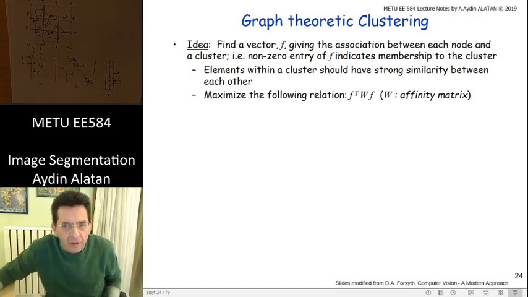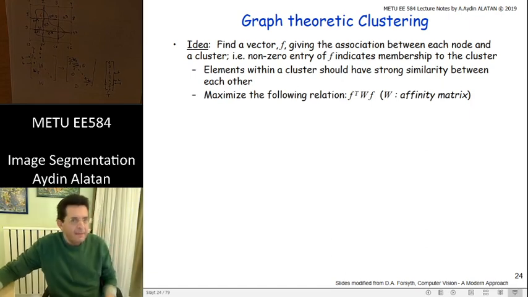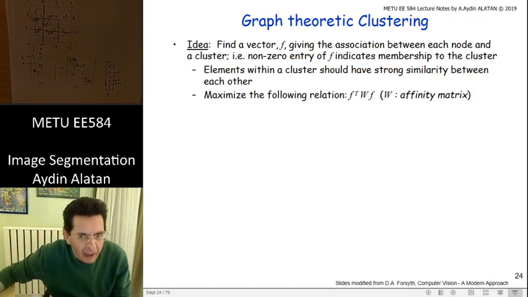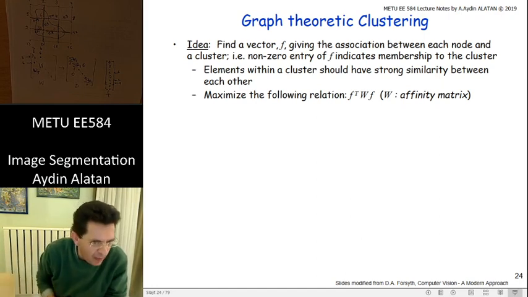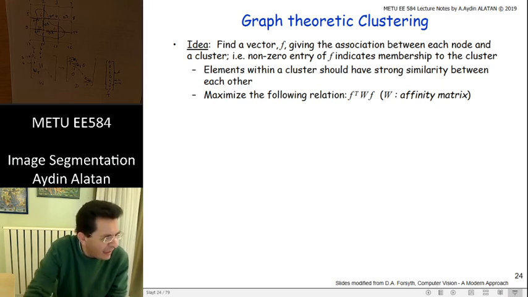Now, the aim here is this. If I multiply this W matrix from left and from right with this f, okay? f is nothing but the indicator function, showing where the nodes of group A, cluster A, segment A are.